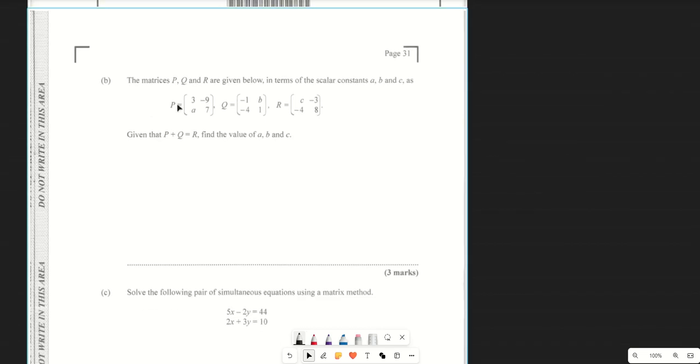Right, let's do B. So the said matrices P, Q, R are given below. So P is this, Q is this, R is this.